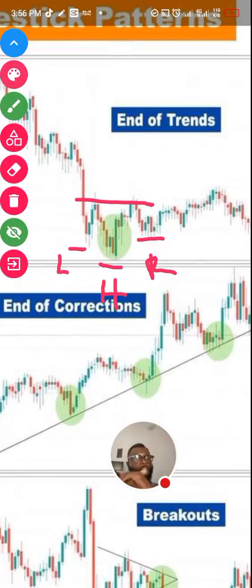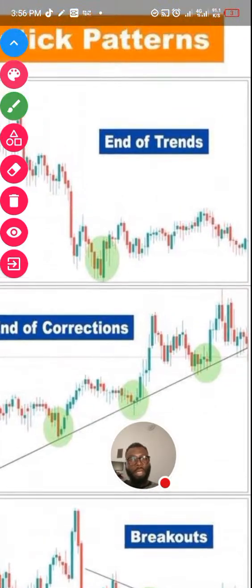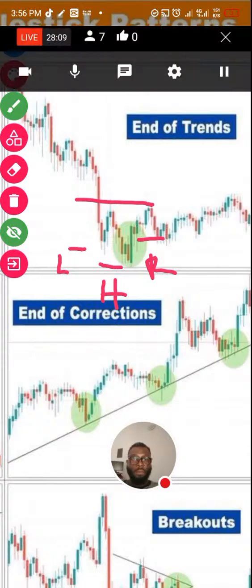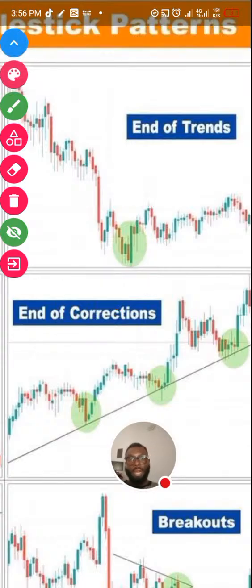In this scenario, you want to take that trade with all the confidence you have, knowing it's going to be bullish. So head and shoulders or inverse head and shoulders is a confirmed reversal pattern. Once it shows up, you know where the market is going, and you take that trade with all the confidence you have.